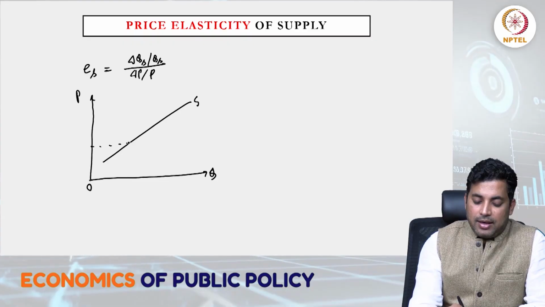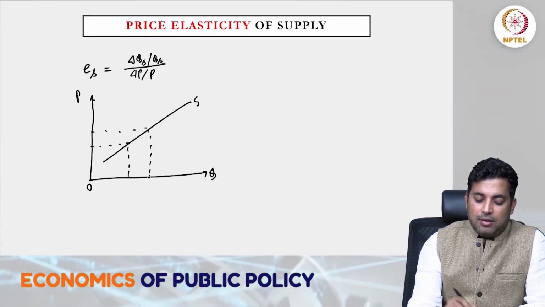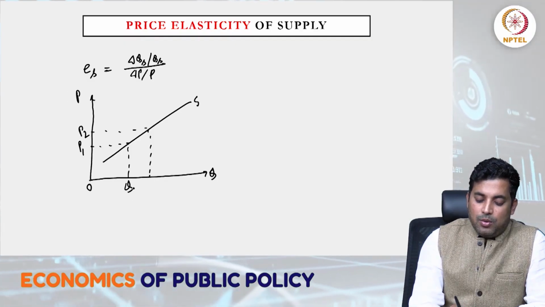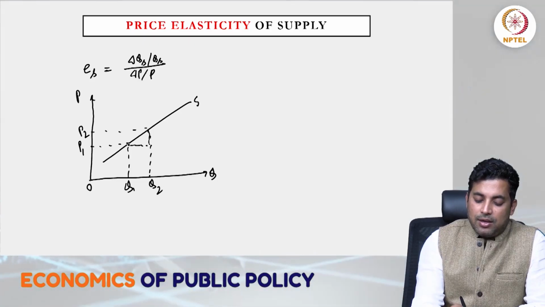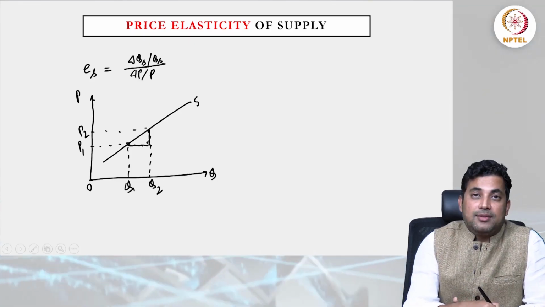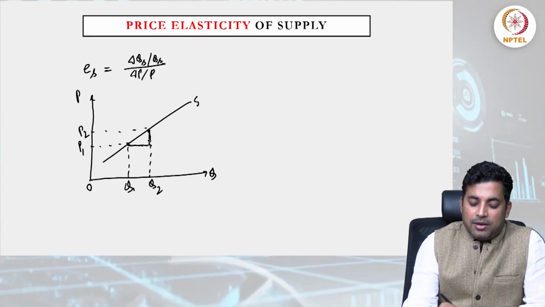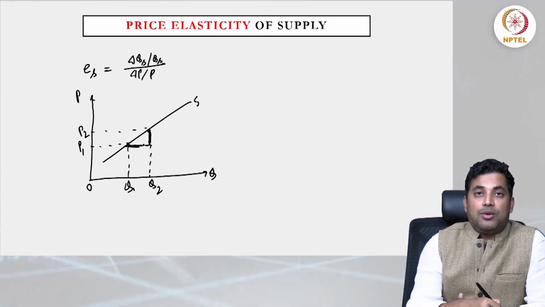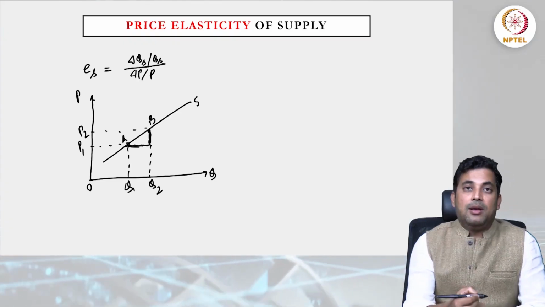Here is a change of the price from P1 to P2, and Q1 to Q2. When we are talking about price elasticity of supply, we are talking about the responsiveness of quantity supplied to price, say from point A to B.